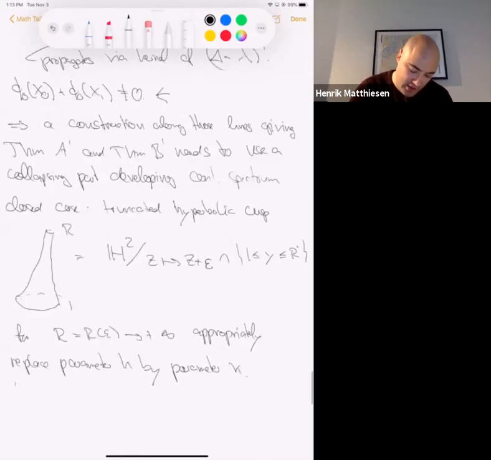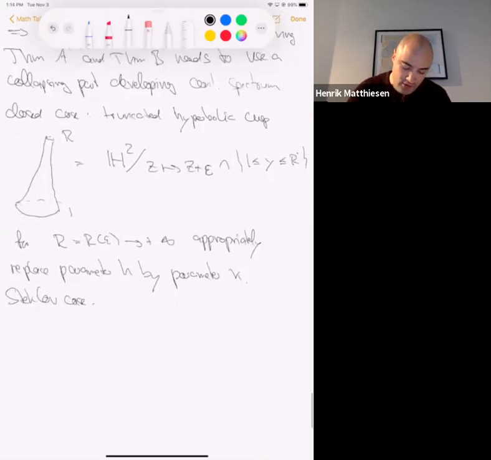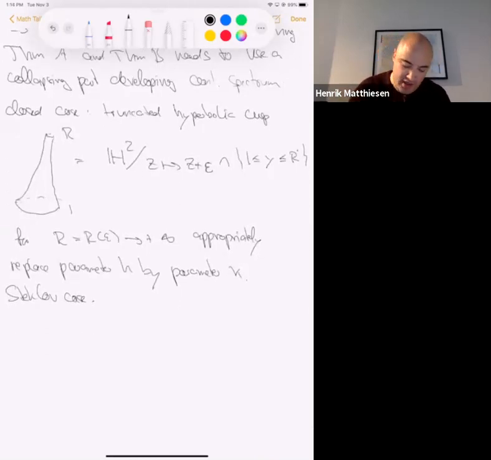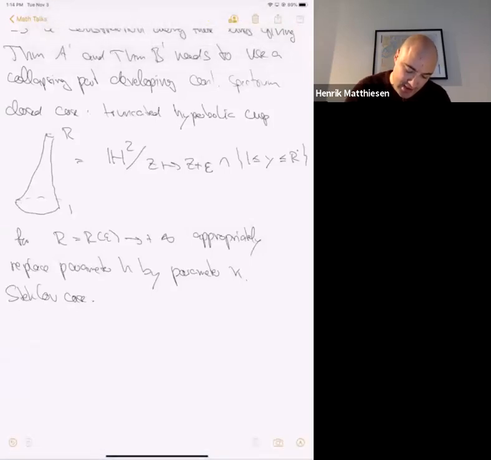Okay, and in the Steklov case, we use the following set, again appropriately scaled, modeled on the following. You have something which looks like this. It's R, this is 1.